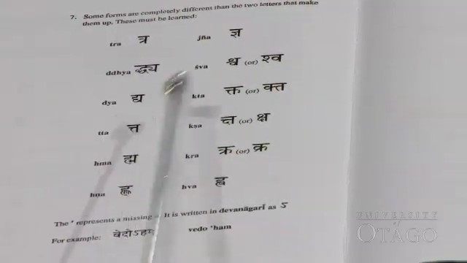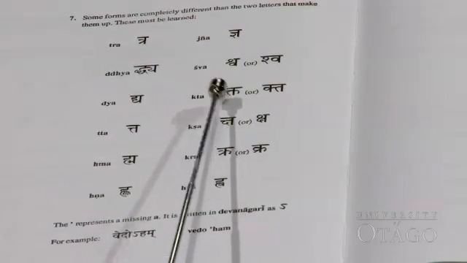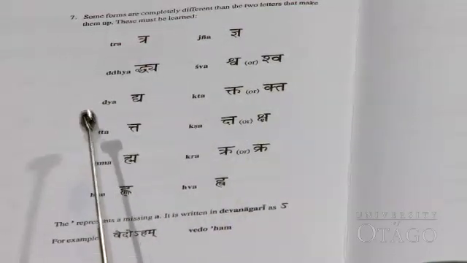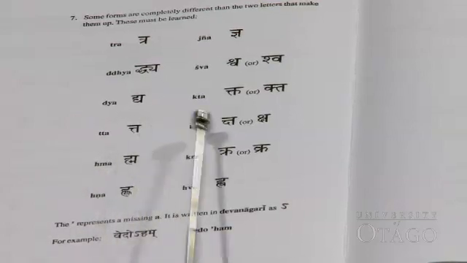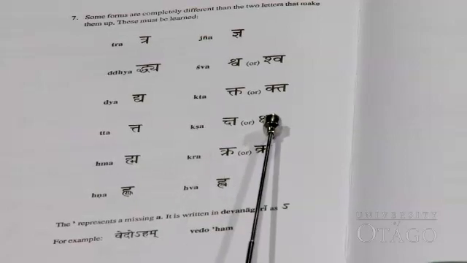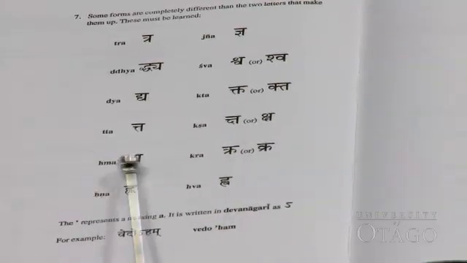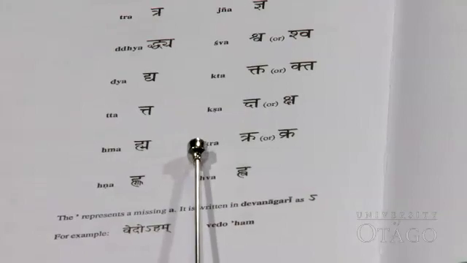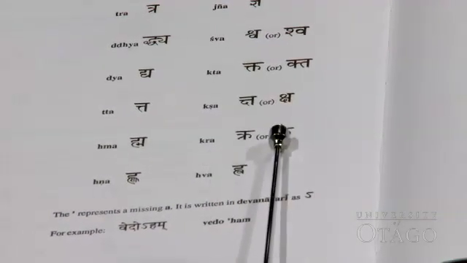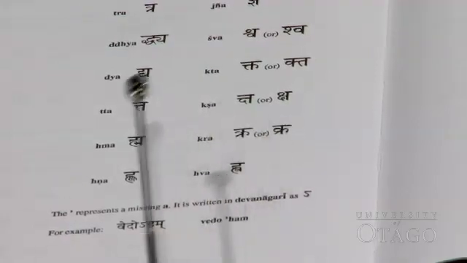Dia, here, and kata, you can write like this or this. Then tata, like this. Kasha, you can write both forms, this one or this one. Hama, this one. And kra, you can write both this form and this form. You should know both forms.